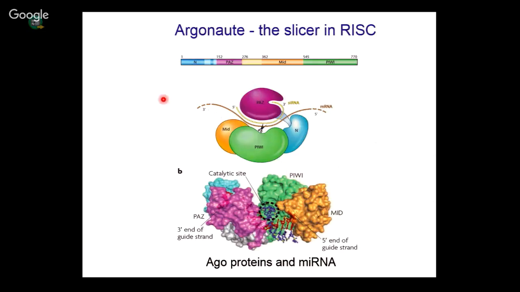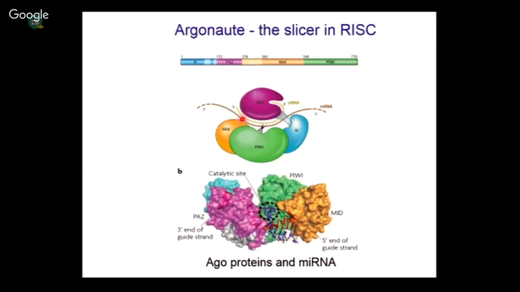So from this side, look at the structure. If you look from the left side into the central part, it looks like a hole, and the two lobes like a croissant clip on the double-stranded structure of the siRNA and the mRNA target. And here is the catalytic site, the PIWI domain, and the 5' end of the guide.